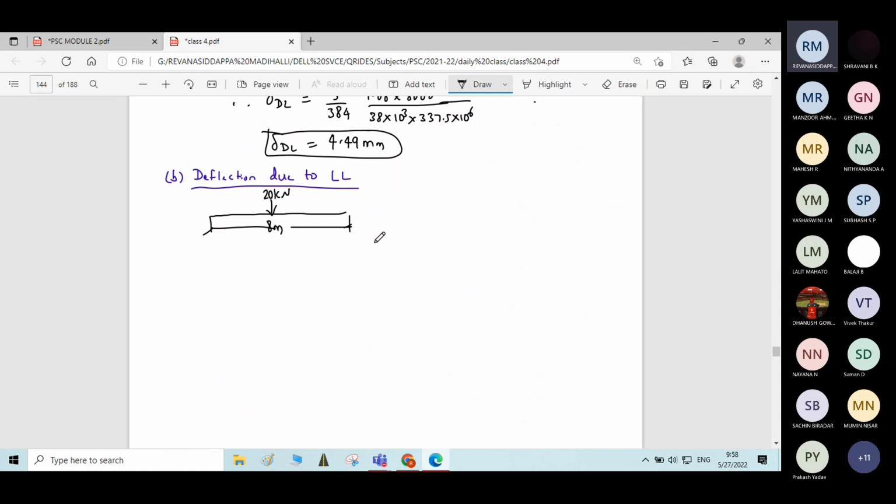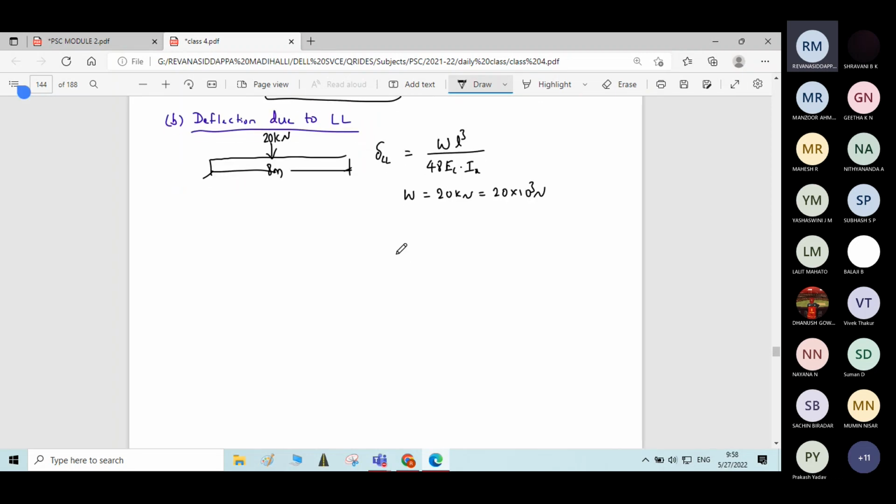Deflection due to live load is equal to WL cube divided by 48 EC into IX, where W is 20 kilonewton. In terms of Newton, it is 20 into 10 power 3 Newton. Length is 8000, and EC, I, everything we just substitute.